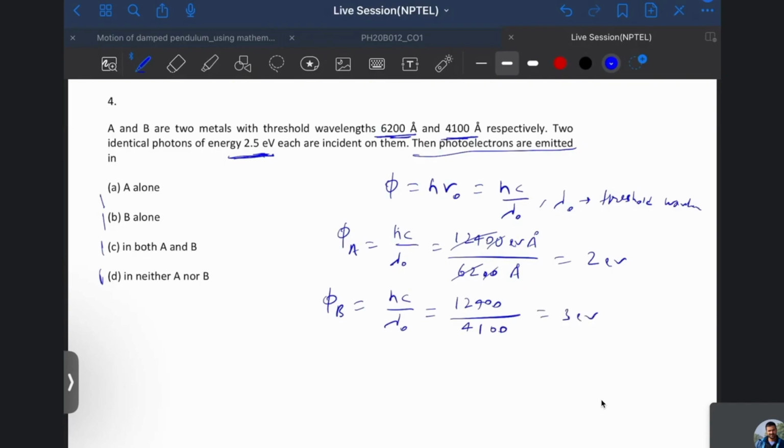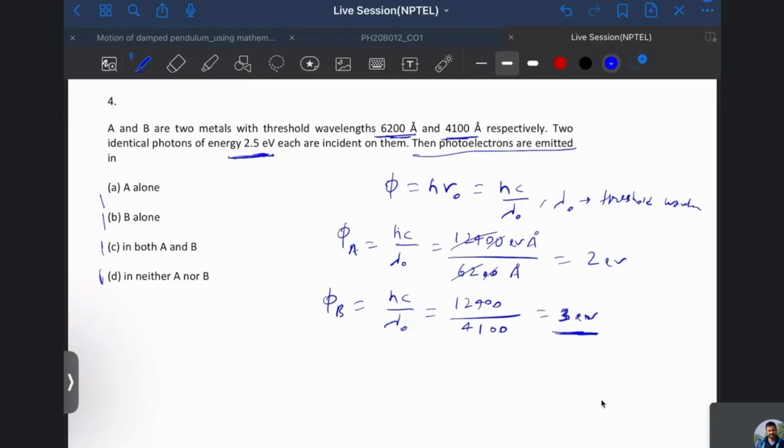Okay, now you have the work function for A and B. Now tell me from which the photoelectrons are emitted. Option B, sir. Oh, you're saying only B? You need 3 electron volt. The energy greater than threshold is 3 electron volts. Yeah, but you need less energy, right? What is work function?